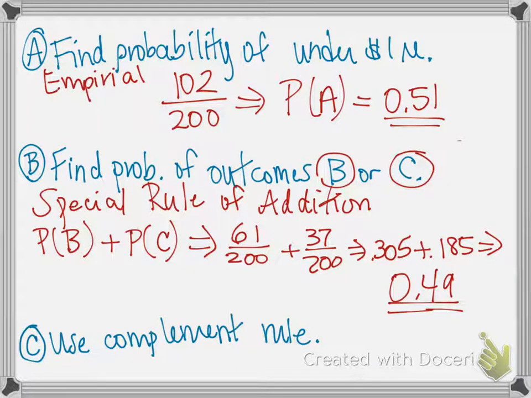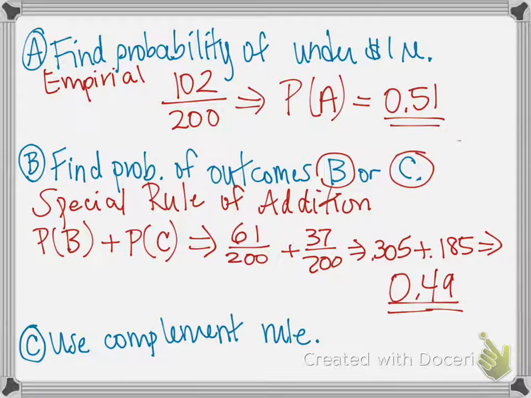Now some of you may have noticed something special here. We actually have another rule when we're doing these basic problems of probability called the complement rule. And that's why I wrote down here at the bottom for C, use the complement rule. The complement rule is useful because sometimes, honestly, it's just easier to calculate the probability of an event happening by determining the probability of it not happening.